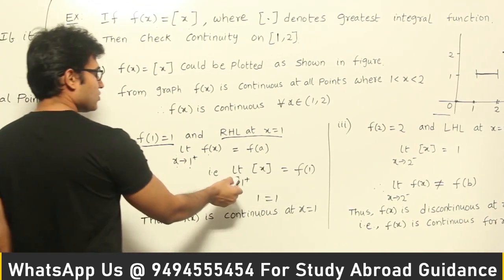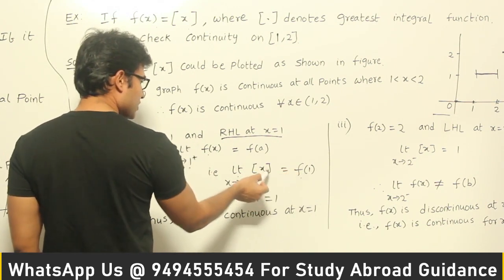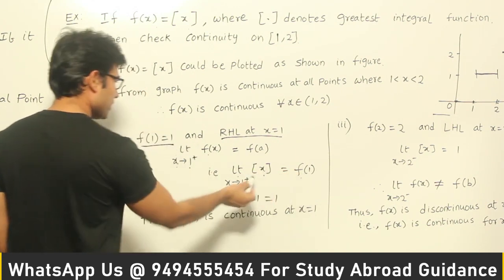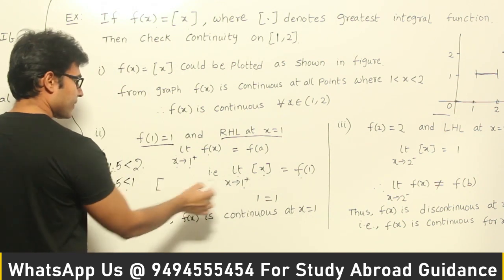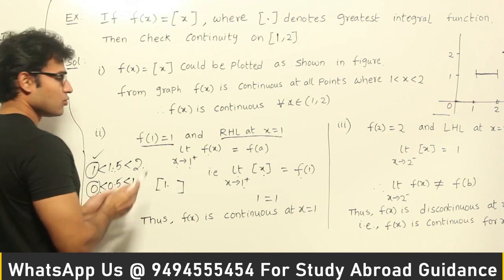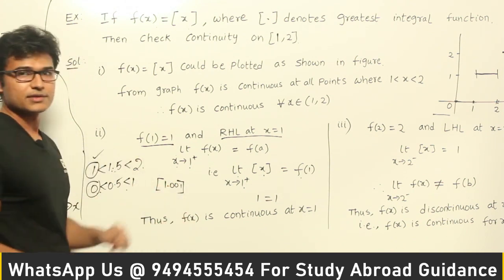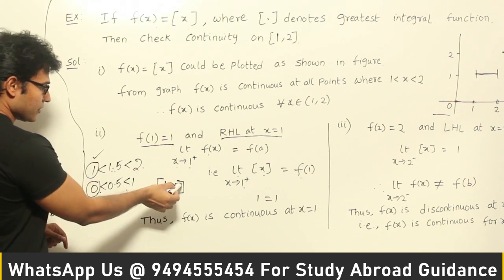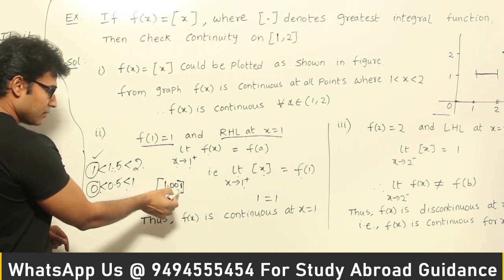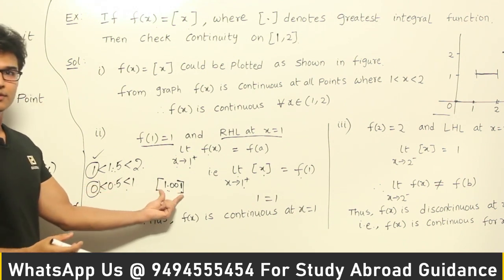Now the limit as x tends to 1 plus of step x is going to be step of 1 plus something, right? You can just assume that we are moving it slightly to the right, which means 1.0001 or something like this. Now this value will definitely be in the range between 1 and 2, therefore its value is going to be 1. Got it?